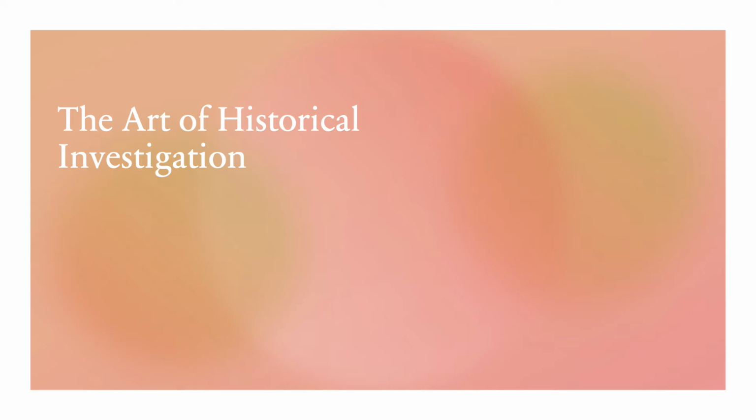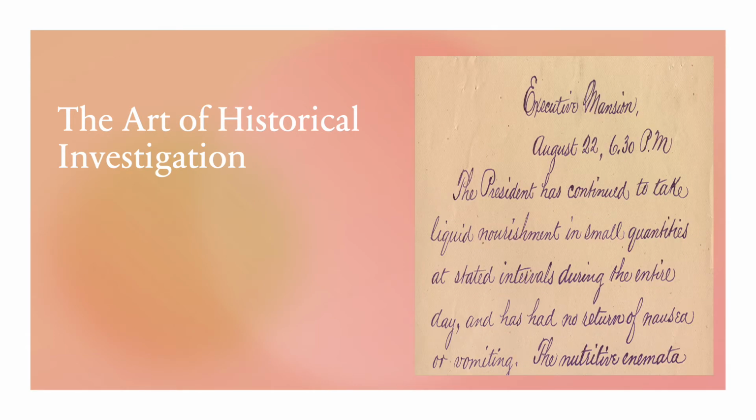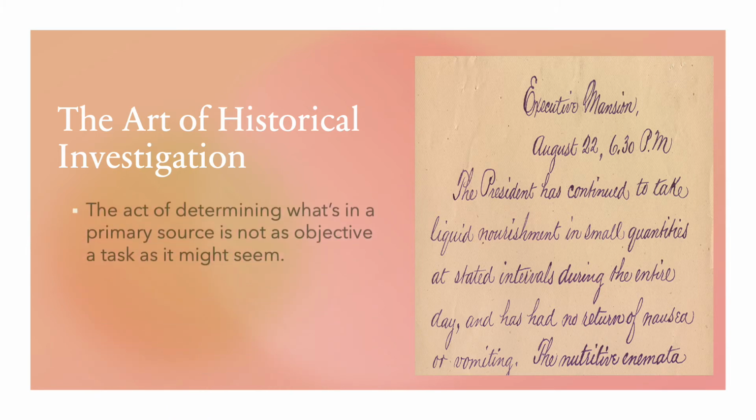Moreover, the things primary sources tell us about what happened in the past are not easily accessed. The act of determining what's in a primary source is not as objective a task as it might seem. As you've probably seen from some of the primary sources we've already examined this semester, it's not automatically apparent what these texts are telling us.